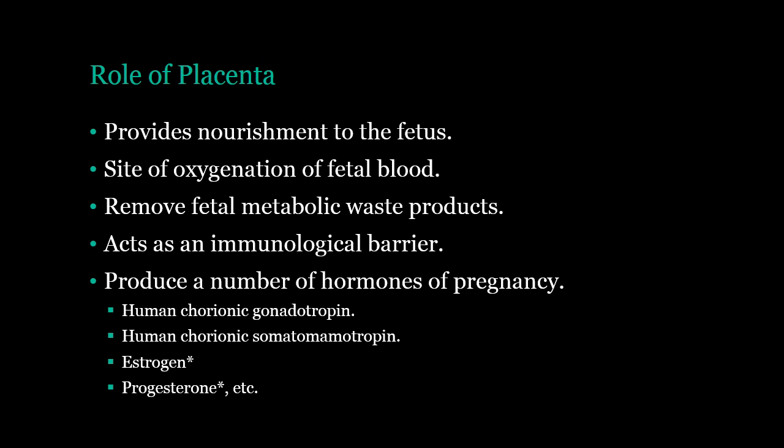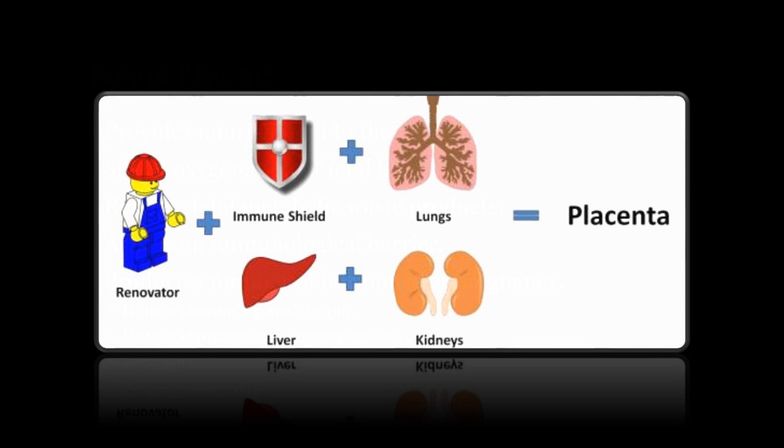Estrogen and progesterone during pregnancy are produced at elevated levels. However, they are also produced during the monthly cyclical periods of a woman. And this summarizes the role of placenta and its function.